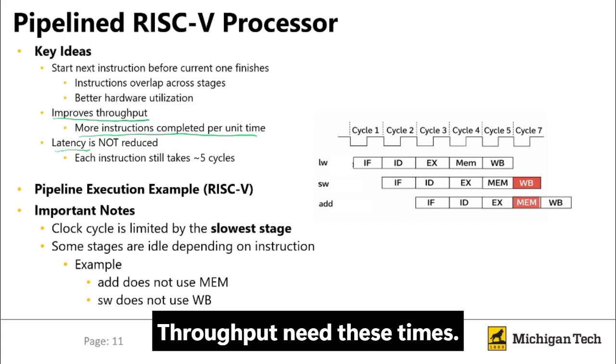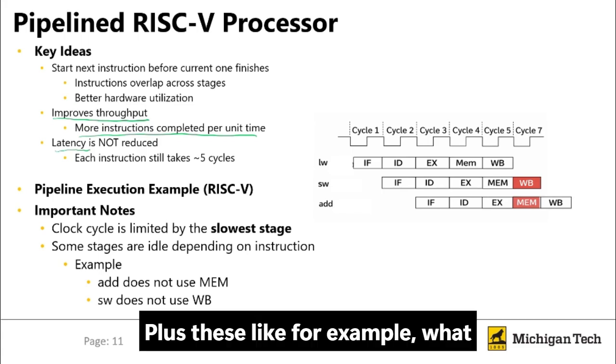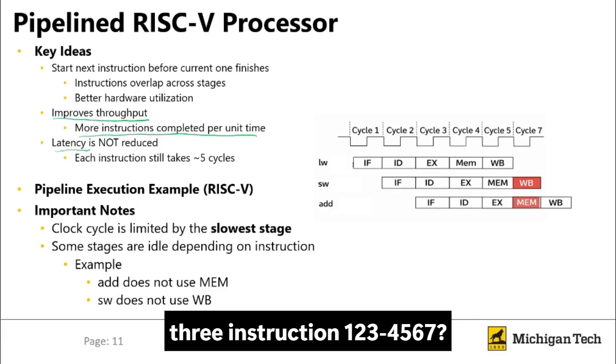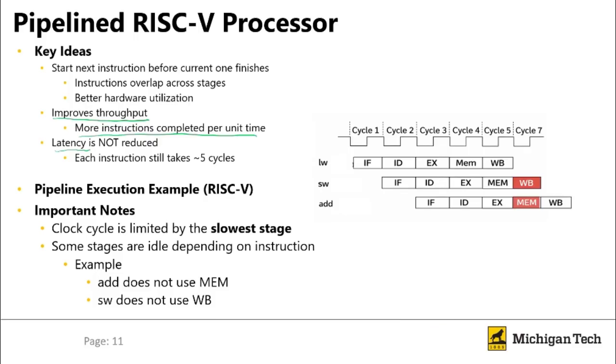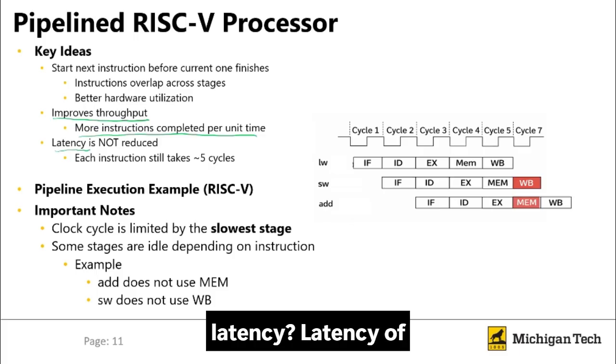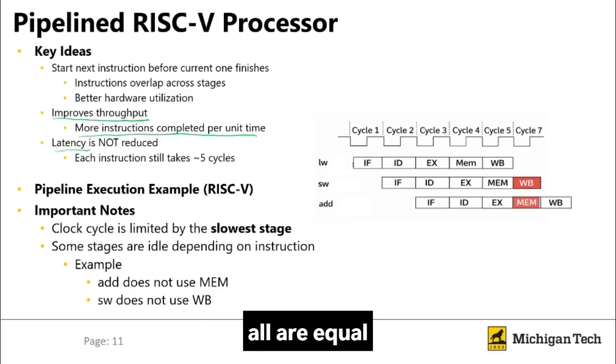Throughput needs these times plus this. Like for example, what is the throughput here? For 3 instructions, 1, 2, 3, 4, 5, 6, 7. That's the throughput. And what is latency? Latency of all are equal: 1, 2, 3, 4, 5.